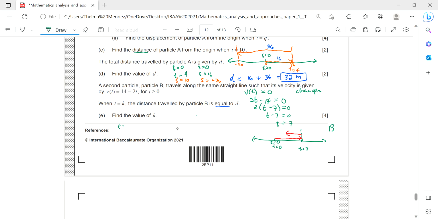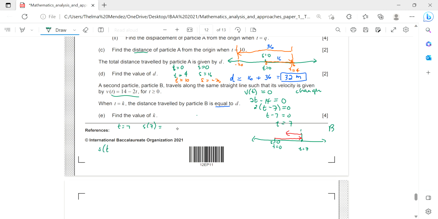S when t equals 7, S of 7 equals... but we don't have displacement, so we need to find S first using v. To find S, we need to get the integral.